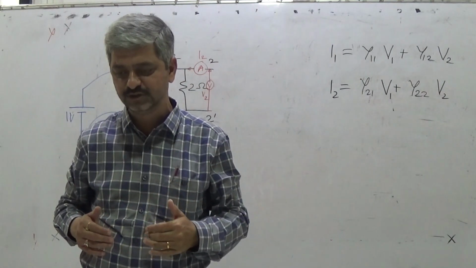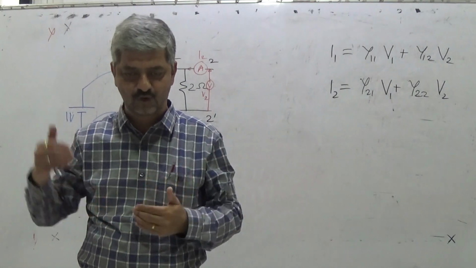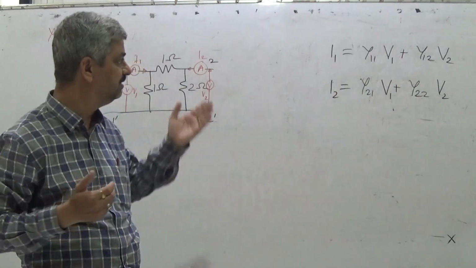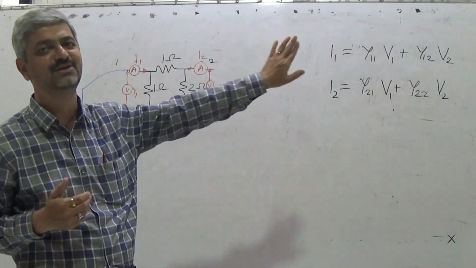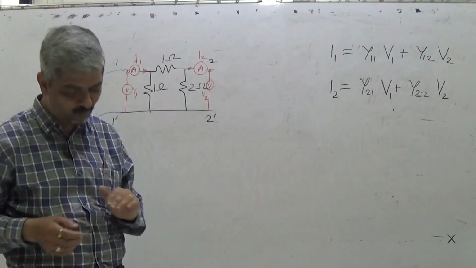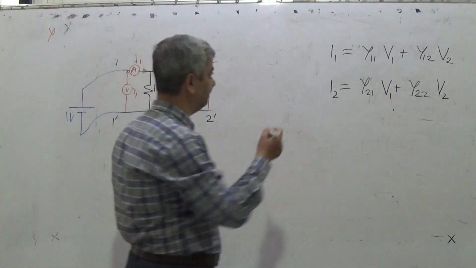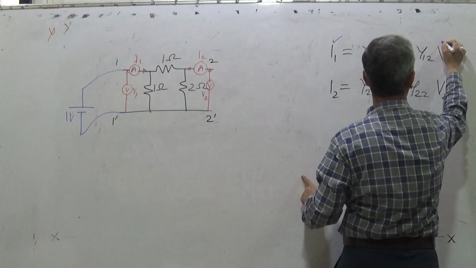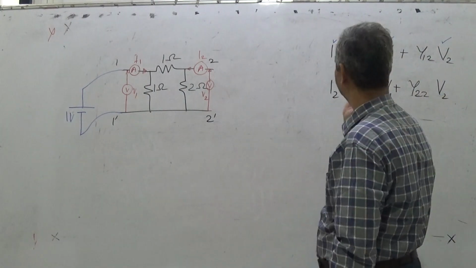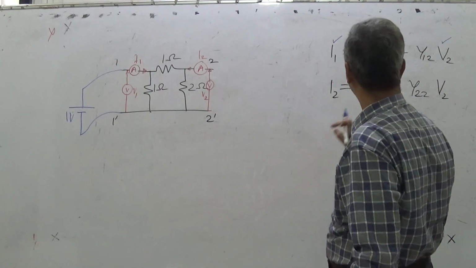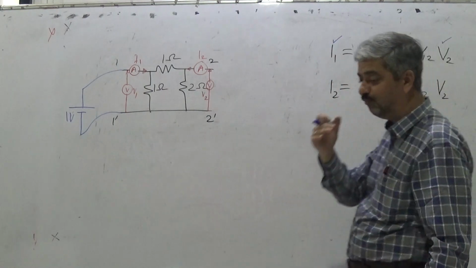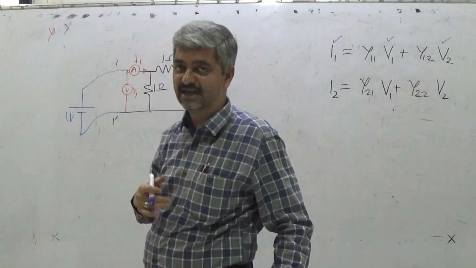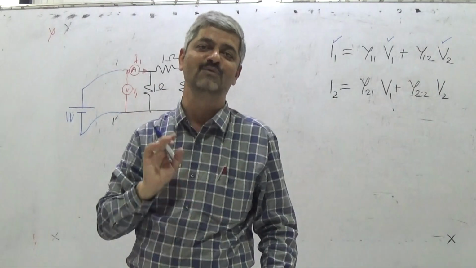I can put the I1 value I observe as equal to something into V1 plus something into V2. So I read ammeter 1, I read voltmeter 1, I read voltmeter 2, and I can put one equation. But the problem is, I have started to find Y11.